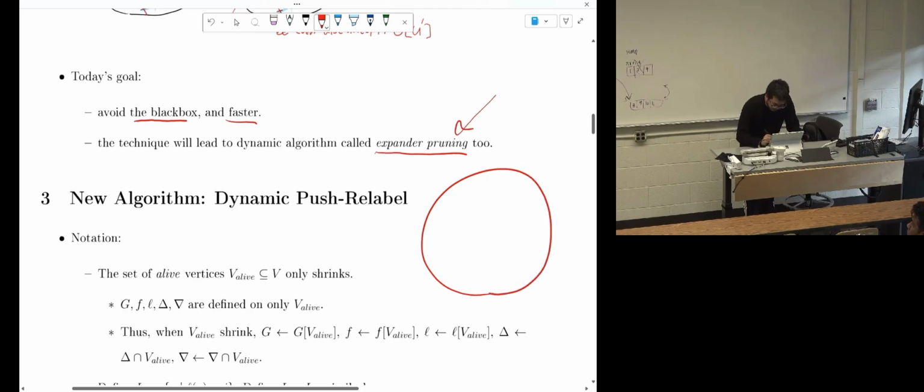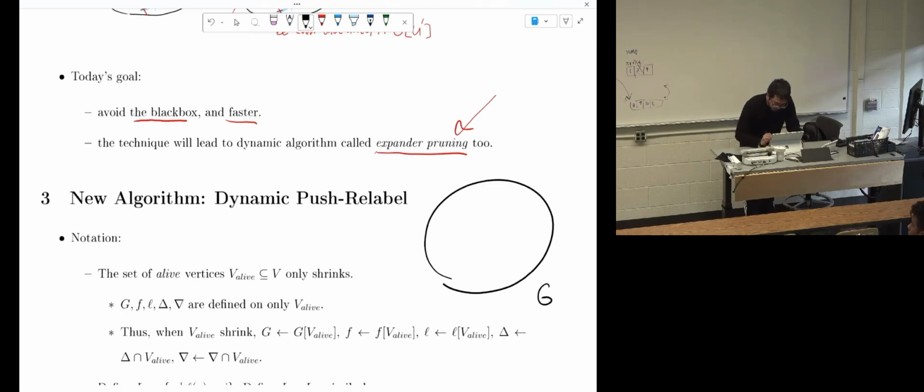Basically, you're going to have a graph G, and you have some set U. In the beginning, I'm going to say that my set of alive vertices is just U. This is the alive part.